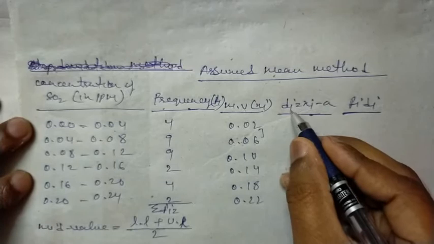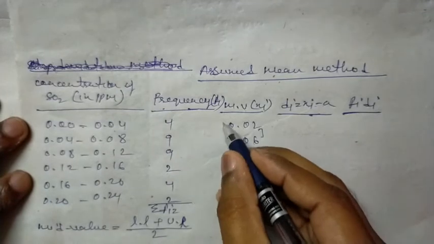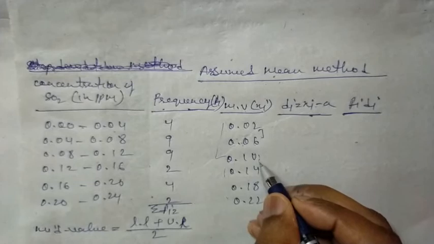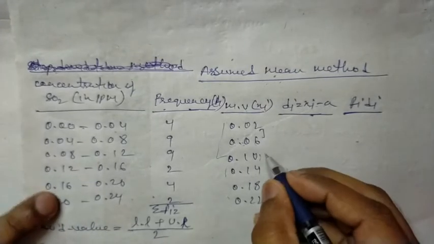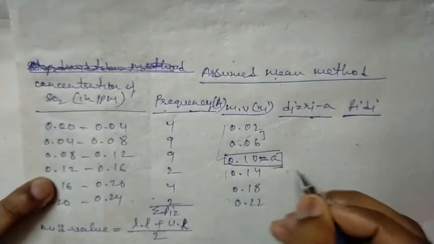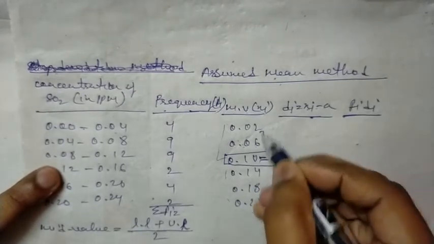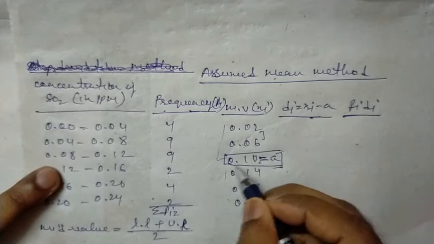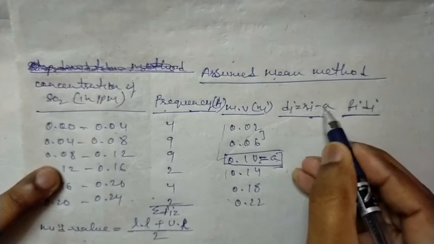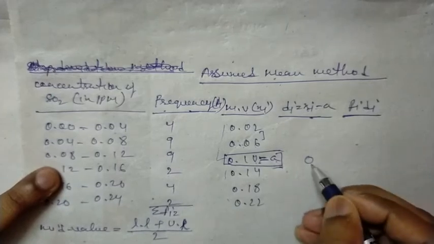Again, what we have to do is find di equals xi minus a. We have to take the assumed mean from here. Let's take this one as a, the assumed mean, 0.10. If I subtract 0.10 from 0.10, what will we get? 0.